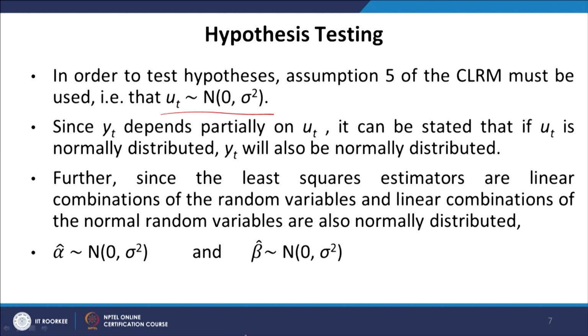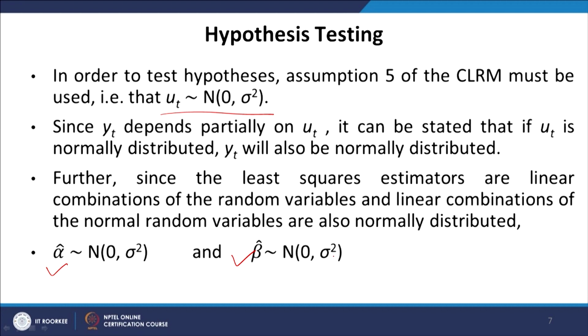Further, since the least squares estimators are linear combinations of the random variables, and linear combinations of normal random variables are also normally distributed, we have alpha hat and beta hat also following a normal distribution with mean and variance 0 and sigma square.